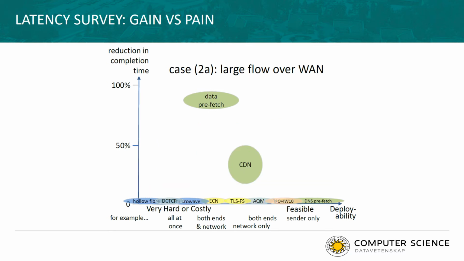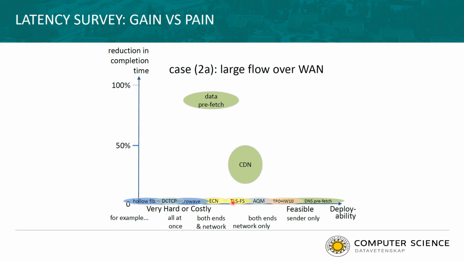If we instead move to a third scenario, looking now at the large flow over a wide area network, we see that the behavior is very different. Now we see that most of the mechanisms for reducing latency that we considered in the gain versus pain analysis no longer have any noticeable effect.